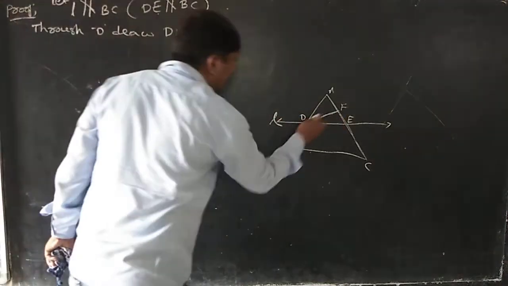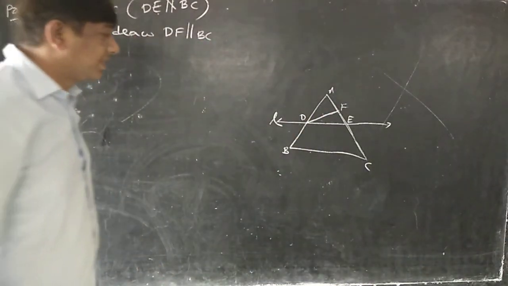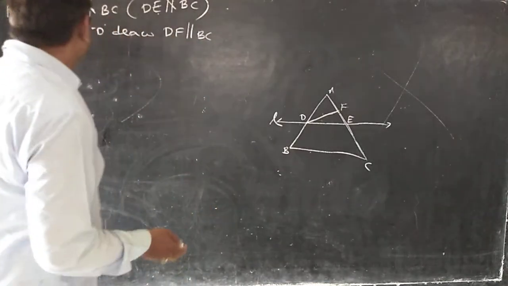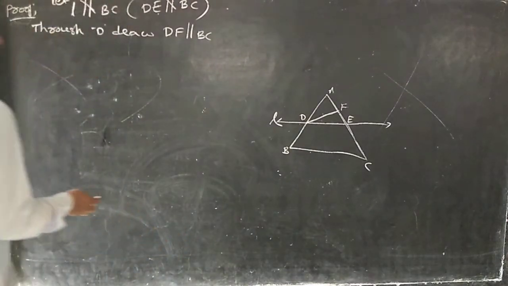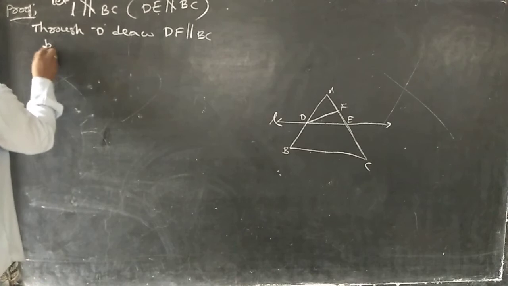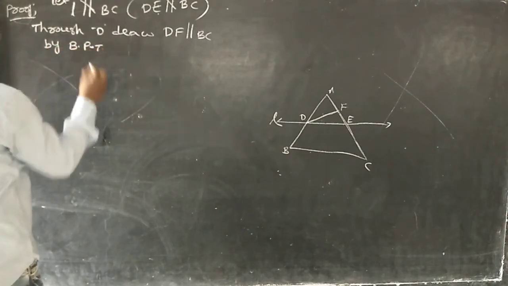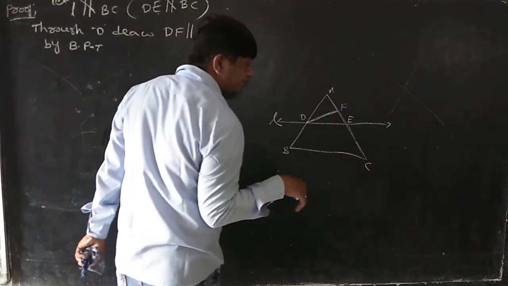Since this is not parallel, from this D point there will be one more line which is parallel to BC. So through D draw DF parallel to BC. This is my construction.